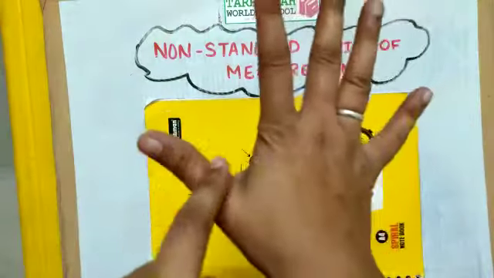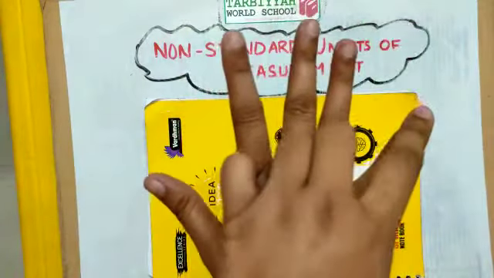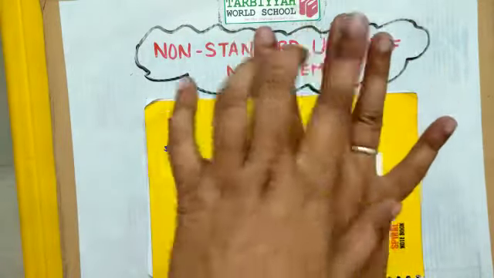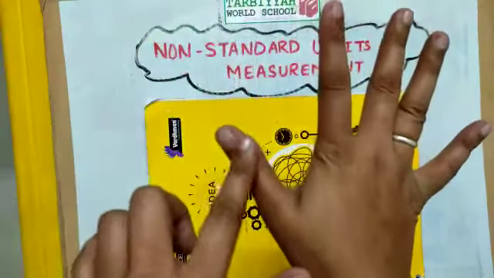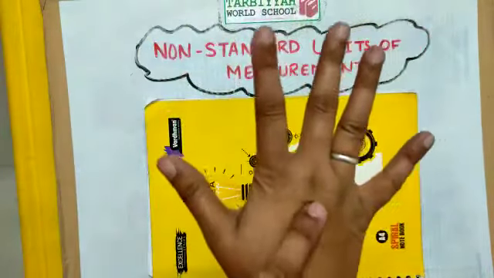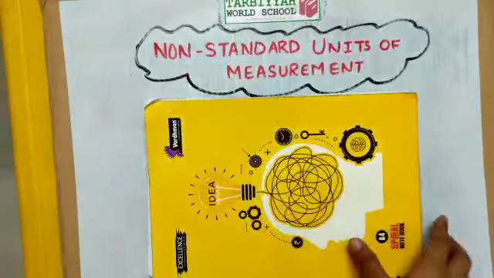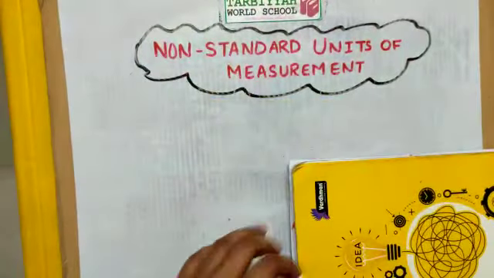So students, the distance from the tip of our little finger to the tip of our thumb makes a hand span. This is hand span. So our first unit is hand span.